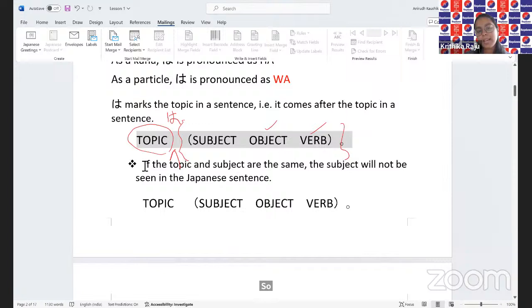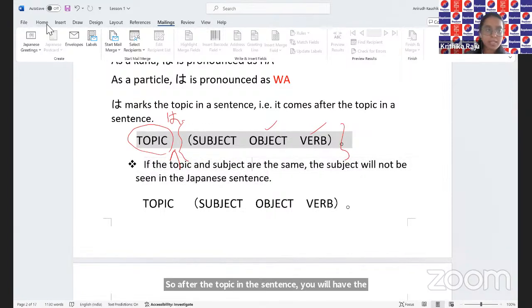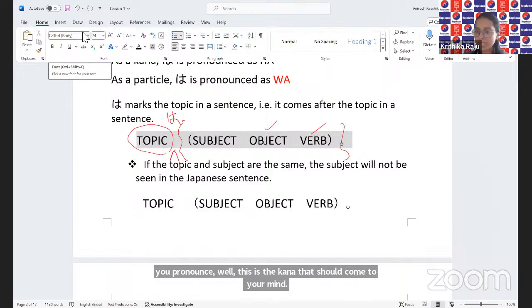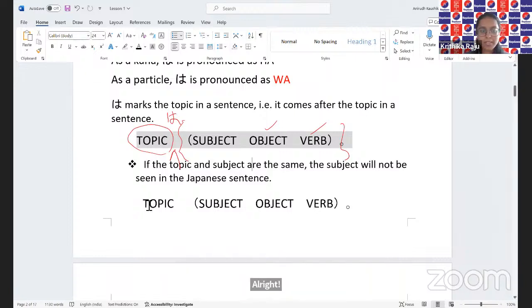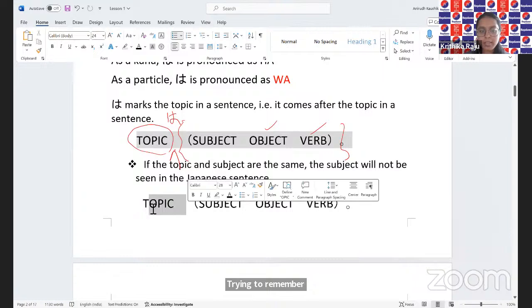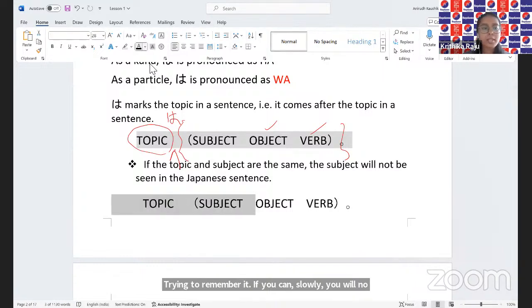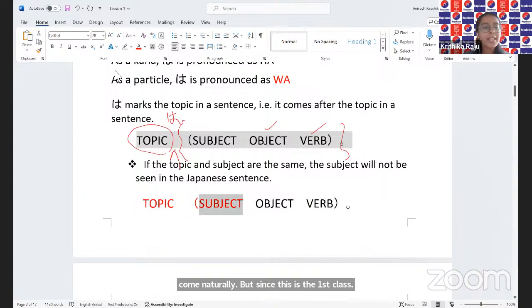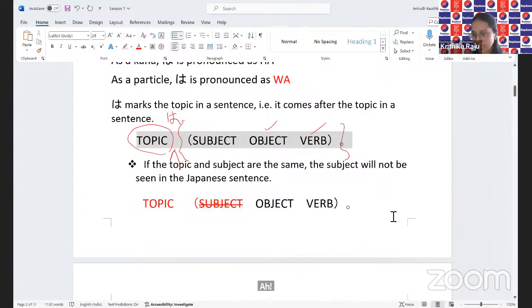if the topic and the subject are the same in Japanese, then the subject will not be seen in the Japanese sentence. So if the topic and the subject were the same, then you will not find the subject appear in the Japanese sentence.